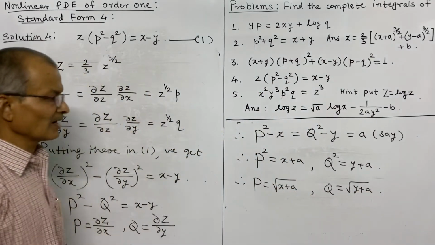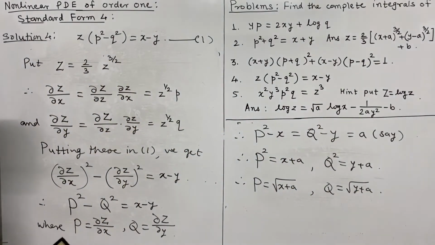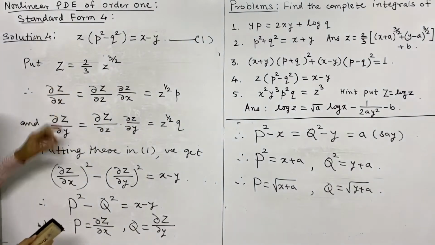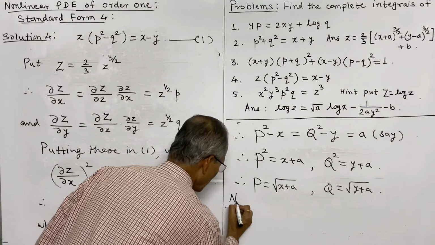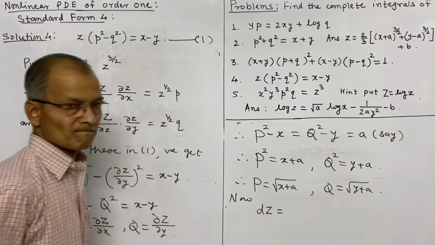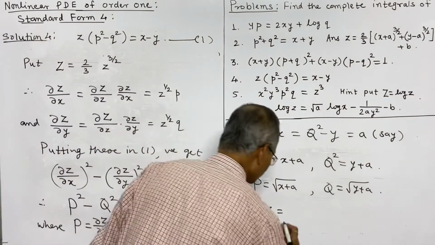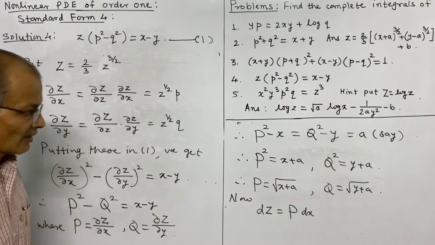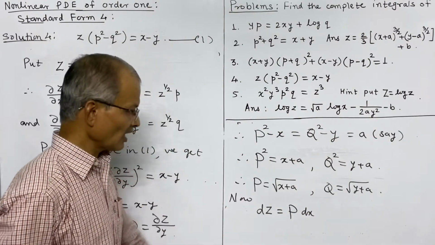After this we can write now dZ. So dZ is, but that z will be capital Z. Now dZ is capital P into dx, but this dx is small. Only Z, P, Q are capital.